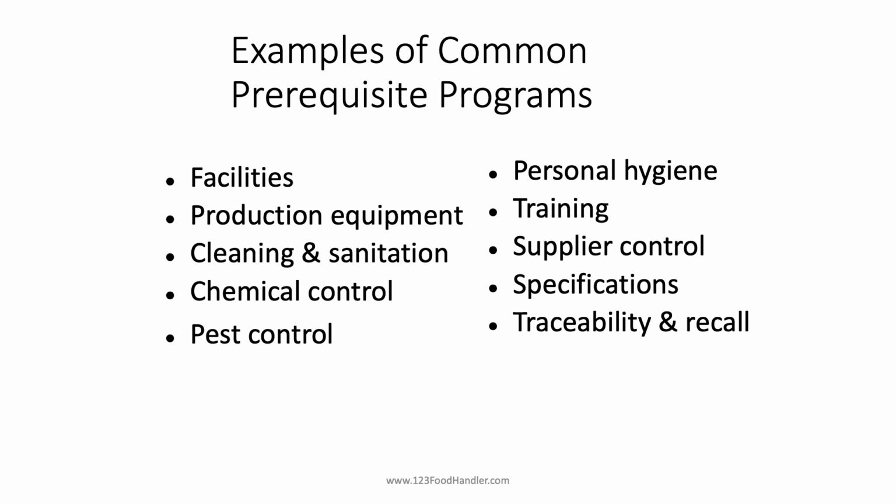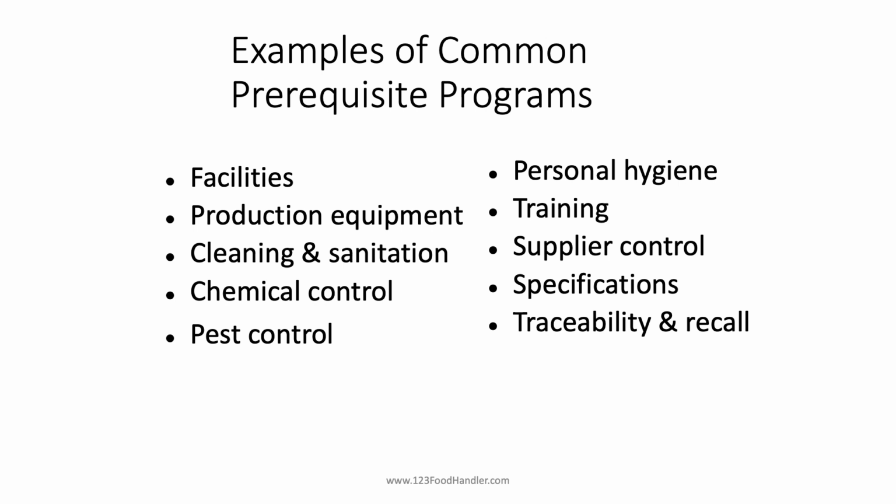Build into it a chemical control program, pest control program, have a hygiene program, have a training program, have a supplier control or approval program, setting specifications for our suppliers, and have a traceability and recall program, being able to look forward and back one step to identify where a product is if it becomes potentially hazardous to someone's health.